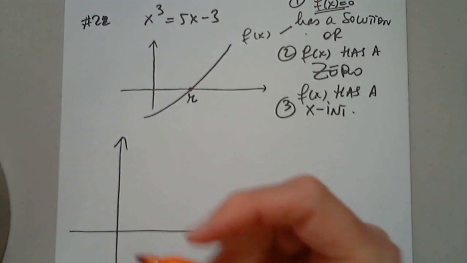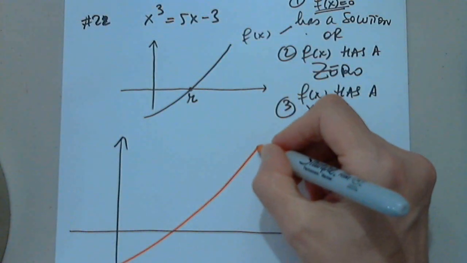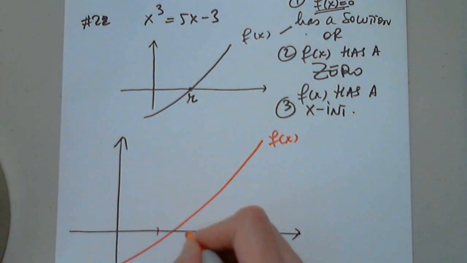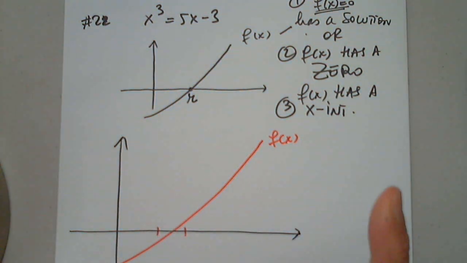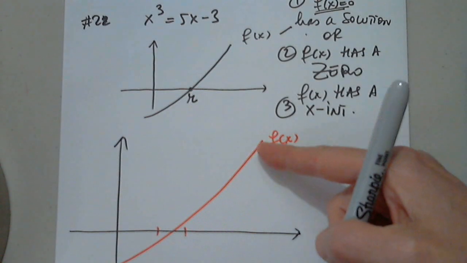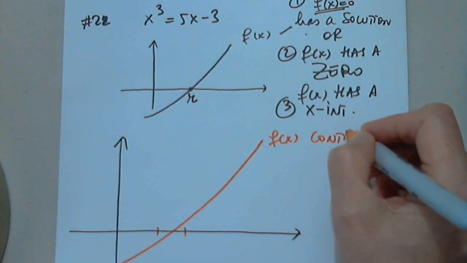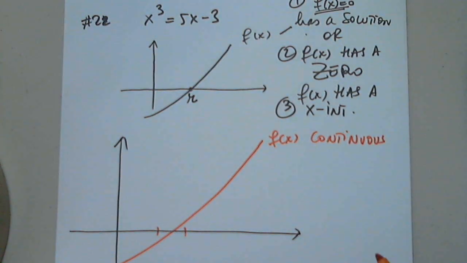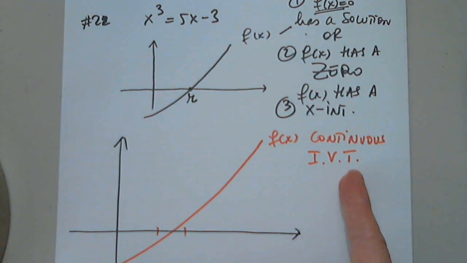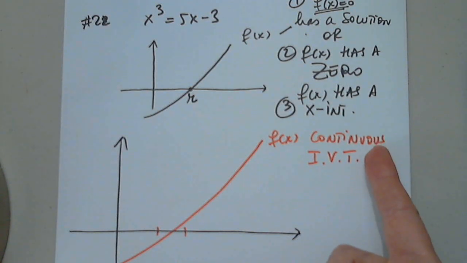So he said the following. Show me a 1-unit open interval where a continuous function changes sign, and we have the IVT, the intermediate value theorem for continuous functions.